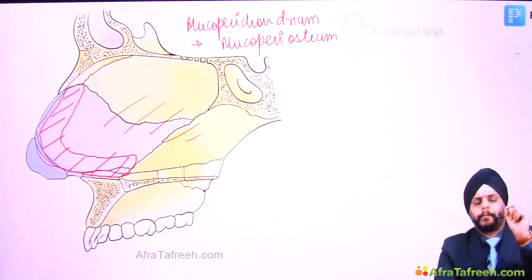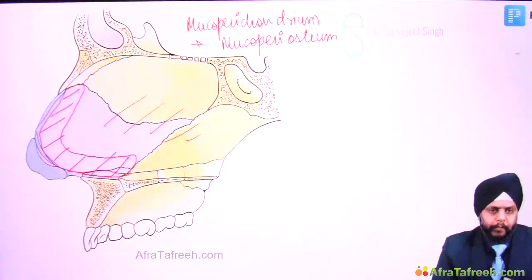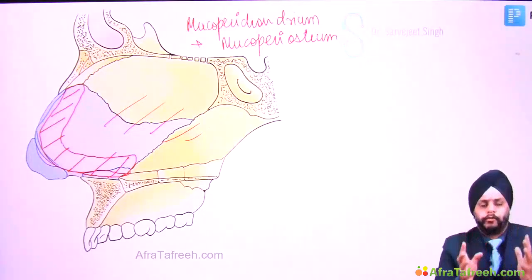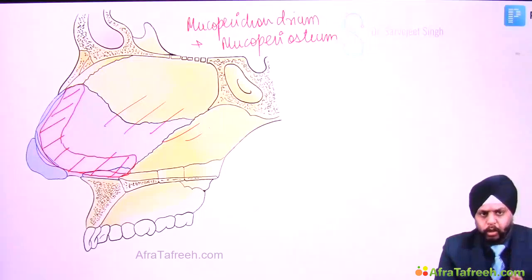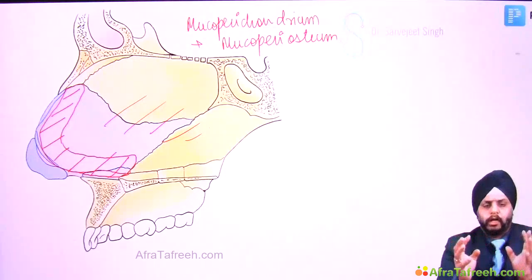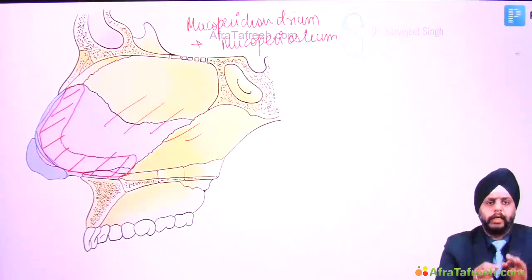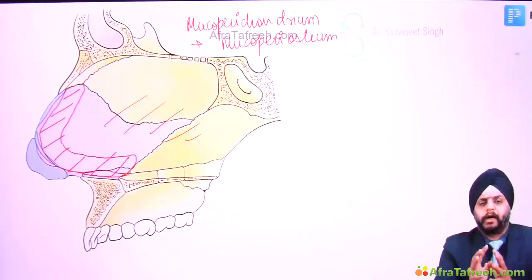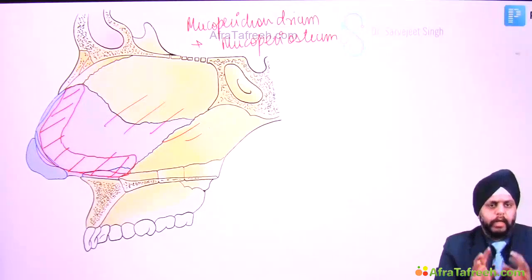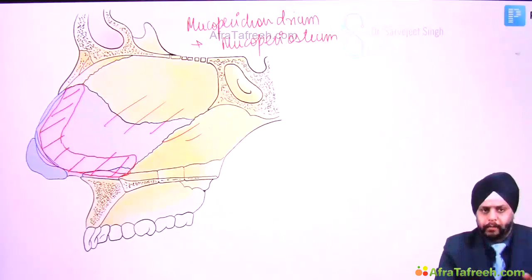In case of septoplasty, septoplasty is a more conservative surgery. In septoplasty, you do not remove the entire bone and cartilage. You remove only the deviated part of bone and cartilage. Only the deviated part, not the entire part.